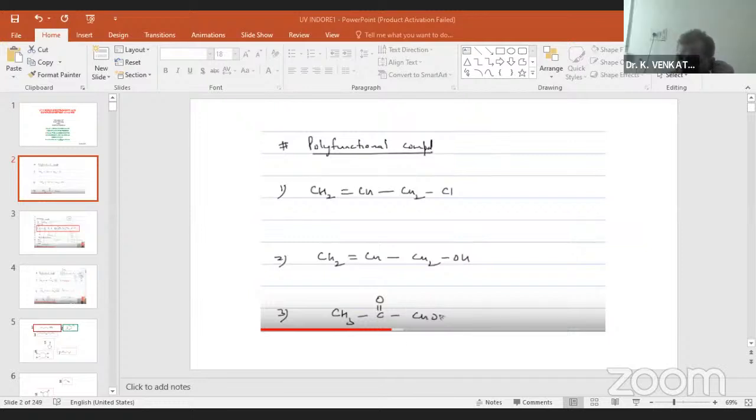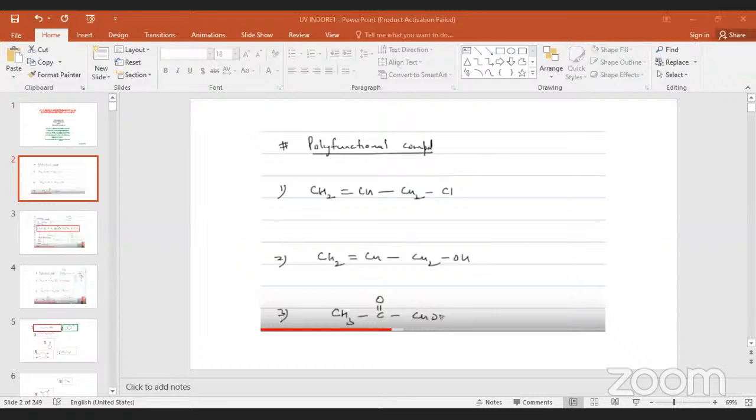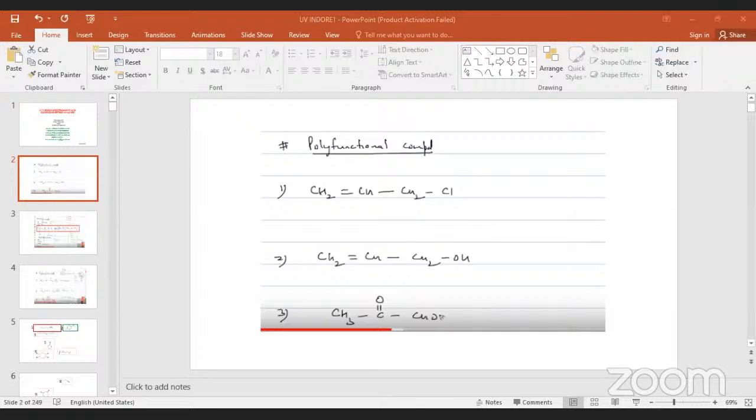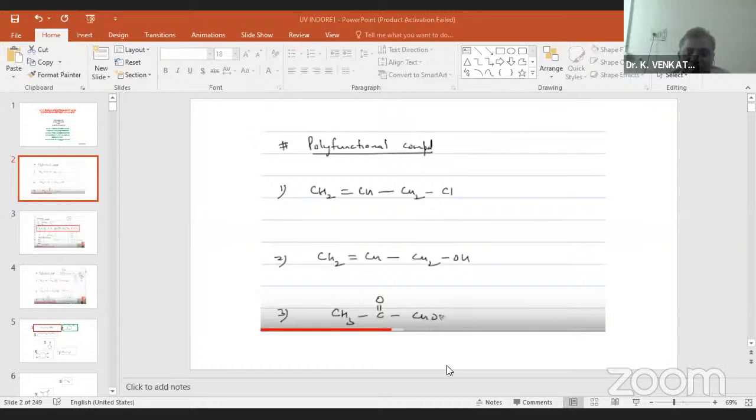So faculty members, all are ready? Yes, Professor. So here are the answers. What is the first compound name? 3-chloro-1-propene, Professor. 3-chloro-1-propene, okay.